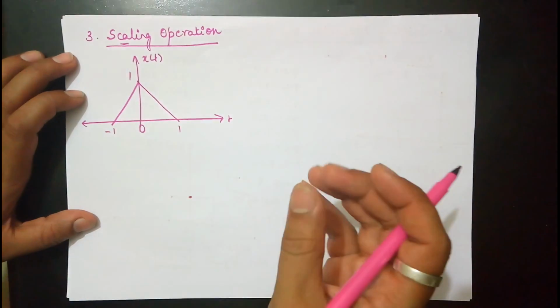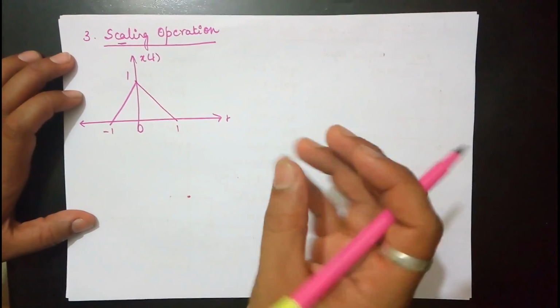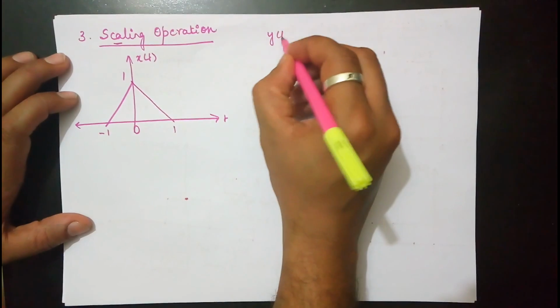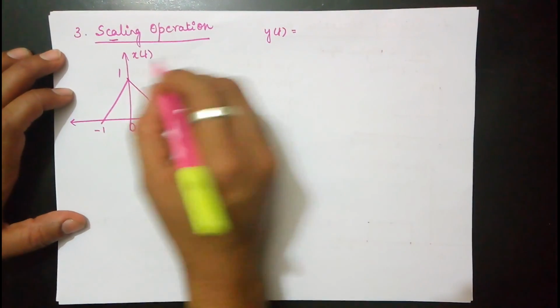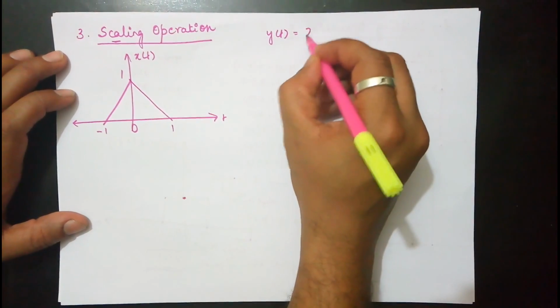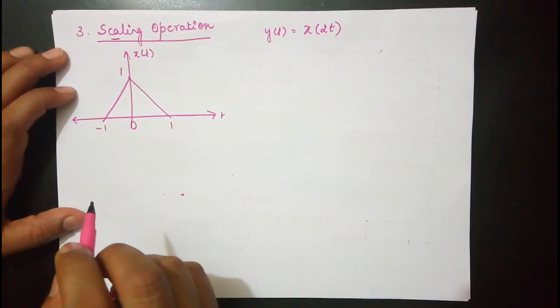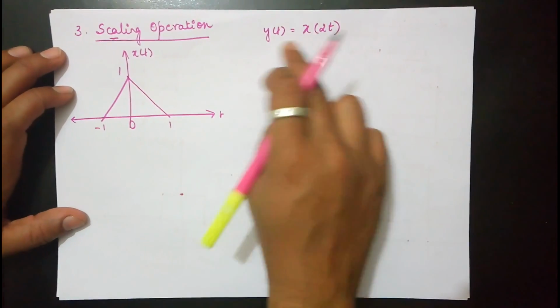Scaling means you are multiplying time with some value, some integer. Say my original signal is x of t. I'll take the scaled version of it as x of 2t.